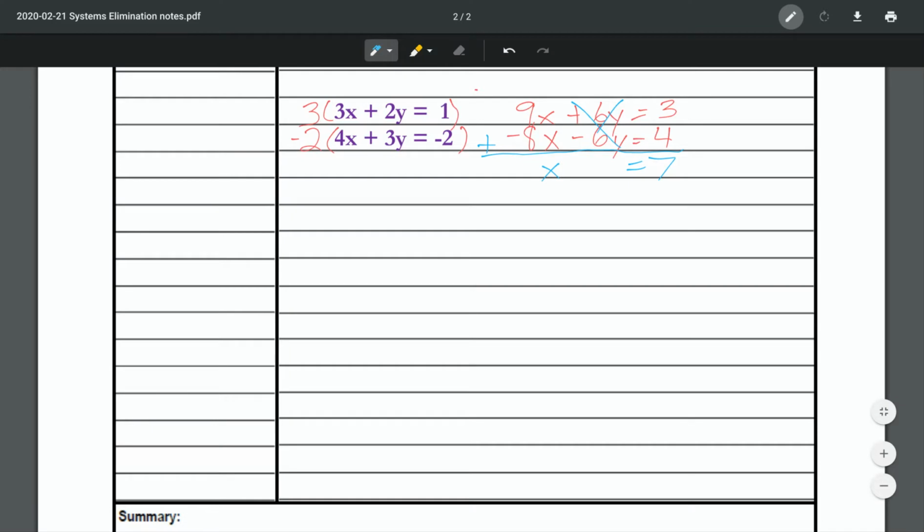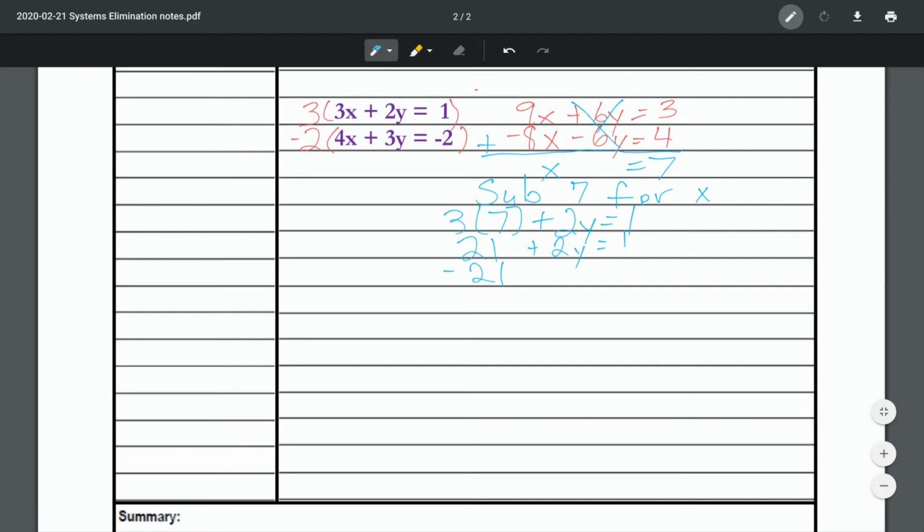So we're going to take that 7 and sub 7 for x, and go back to an original equation. So we're going to have 3 times 7 plus 2y equals 1. So 21 plus 2y equals 1.